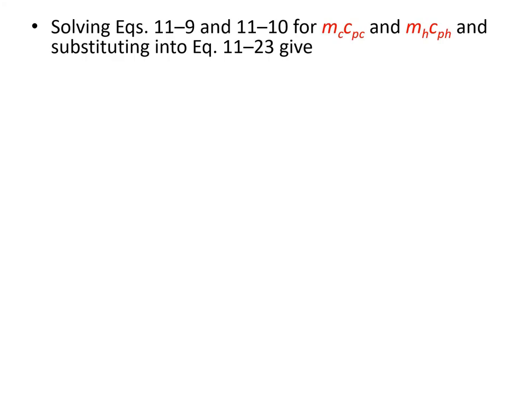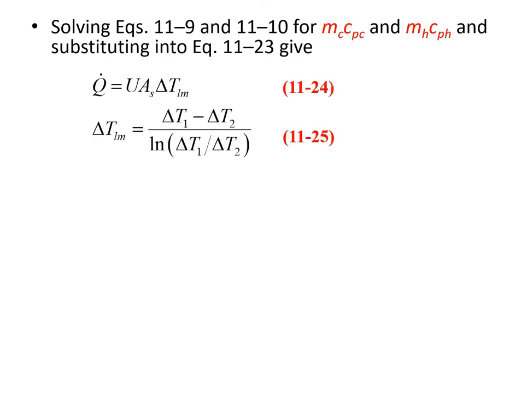So solving equations 11.9 and 11.10 for MC CPC and MH CPH and substituting into equation 11.23 that we derived just now, we will have 11.24 and 11.25, whereby delta T log mean temperature is equal to delta T1 minus delta T2 over ln delta T1 over delta T2.